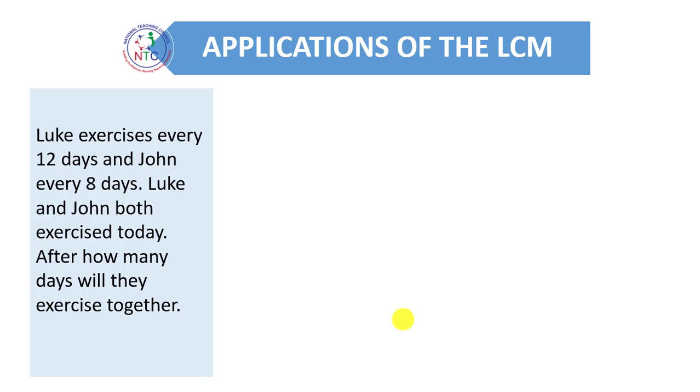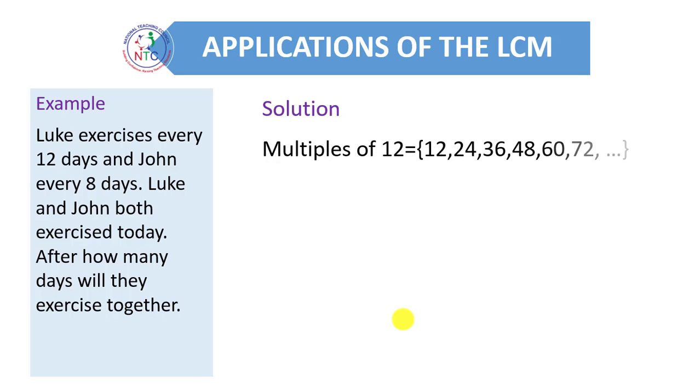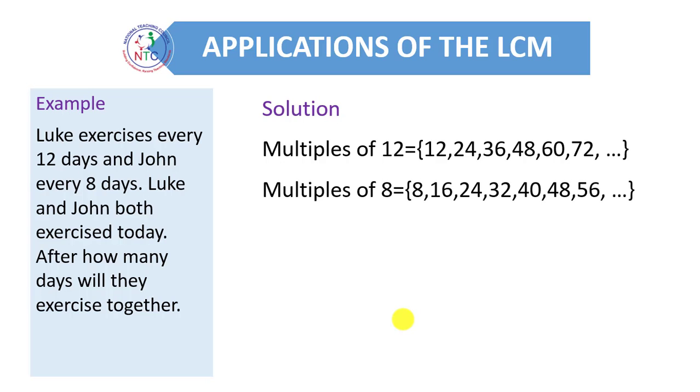So let's look at the solution to the problem. The multiples of 12 are simply 12, 24, 36, 48, 60, 72, and so on and so forth. And the multiples of 8 are simply 8, 16, 24, 32, 40, 48, 56, and so on.